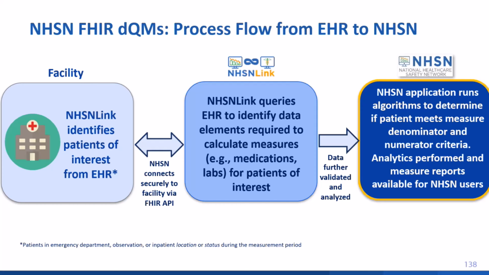Next, the NHSN Link queries the EHR to identify the data elements, such as medications and labs, required for measure calculations on the patients of interest. Then, data is further validated and analyzed. And finally, the NHSN application runs algorithms to determine if the patient meets denominator and numerator criteria. From here, analytics are performed and measure reports are made for NHSN users.